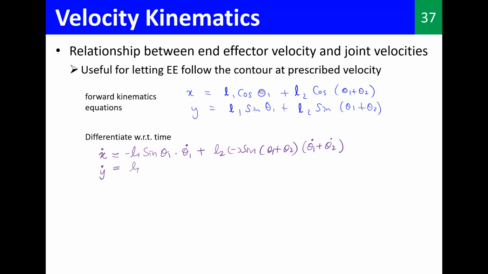Next line, L1 sine theta 1 becomes cos theta 1 times theta 1 dot, right? L2 sine becomes cos of this term, multiplied by the time derivative, right?